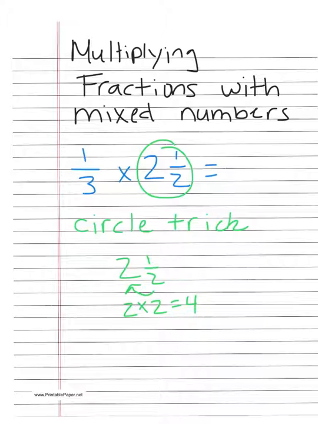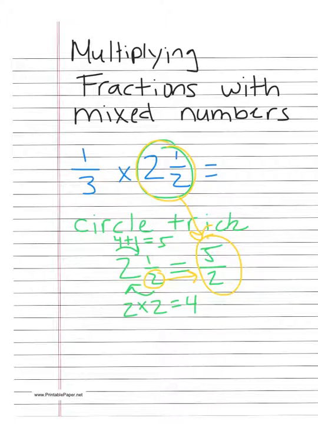So on the top, I'm going to go 4 plus 1, which is equal to 5. So I'm going to put my 5 on top, and my denominator just stays the same, and I'm going to bring it over there and have 5/2. So now I know that this whole thing right here is equal to that.